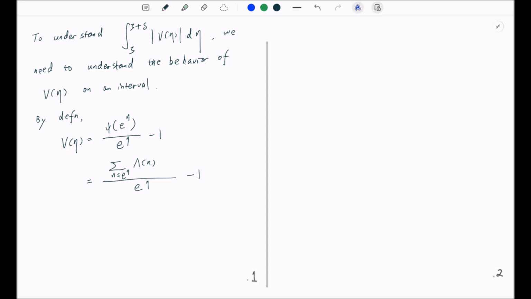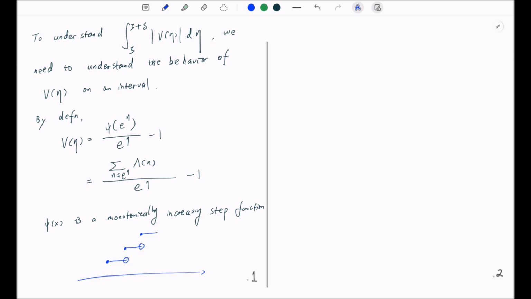To this end, let us first study the monotonicity of the function psi. Psi of x is a monotonically increasing step function, and you might want to draw a graph of it. It is locally constant and monotonically increasing, with jumps whenever x hits a power of prime.